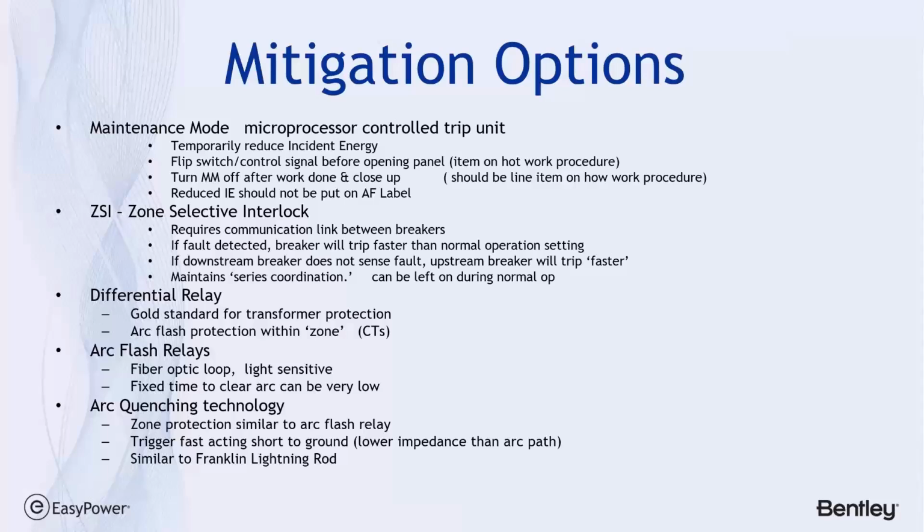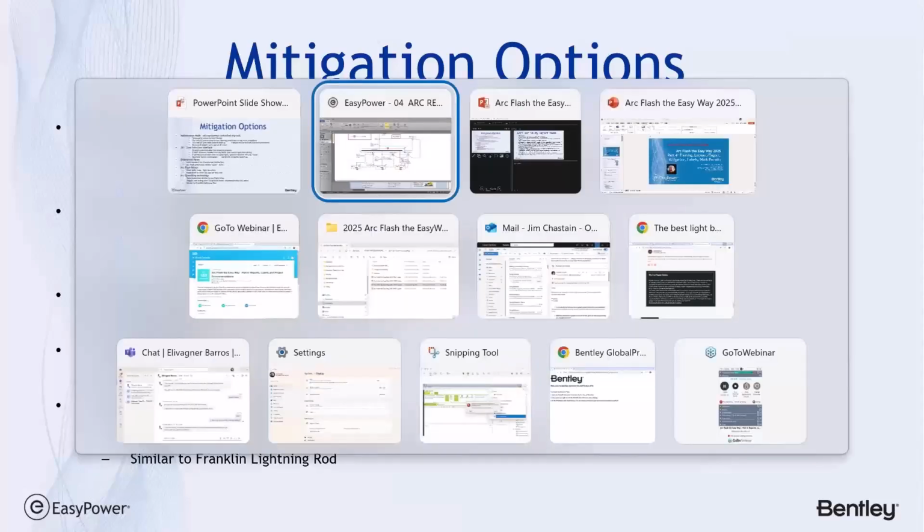So it's real similar to a lightning rod, and it is true you need to replace the fuse, but it does protect the whole system in the case of a fault. That's something that needs to be analyzed on a case-by-case basis, but it's gaining traction in the industry.